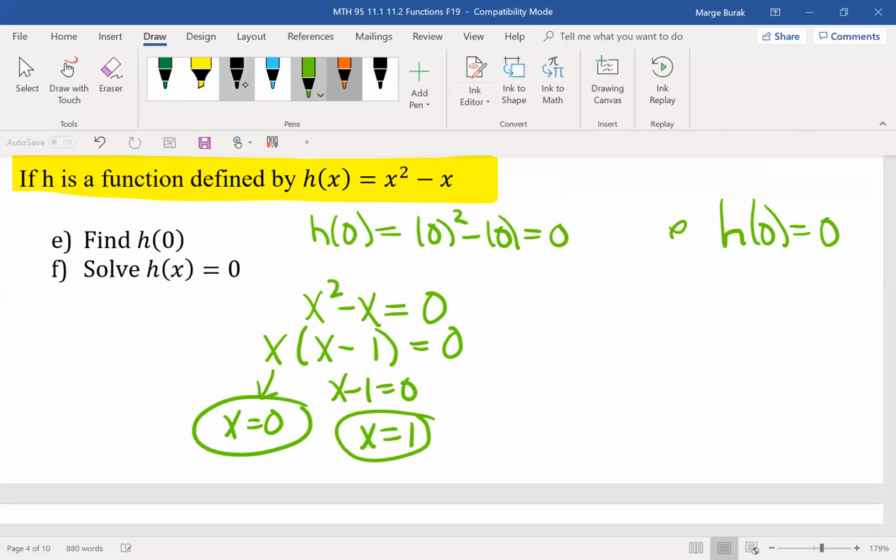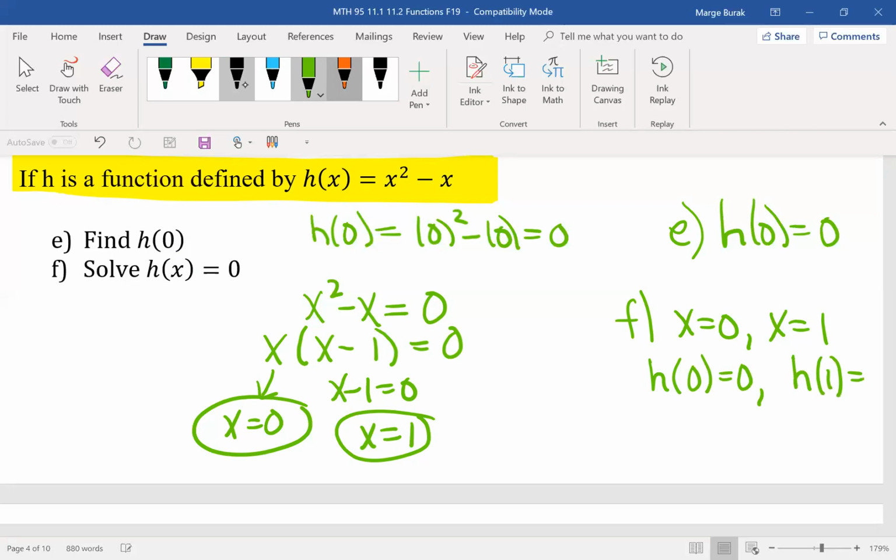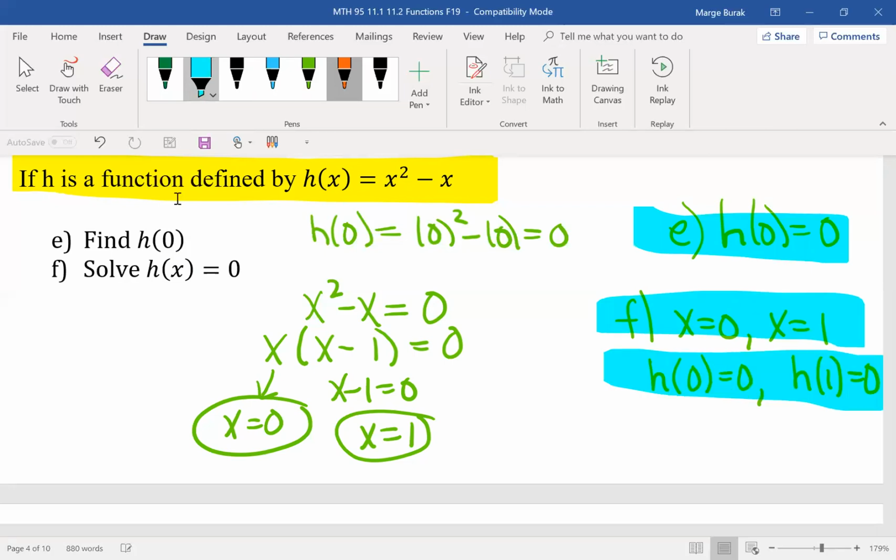So that was E on F. X equals 0, x equals 1. Or I might let you know that h of 0 equals 0 and h of 1 equals 0. I'm just helping you get used to the function notation by doing it both ways.